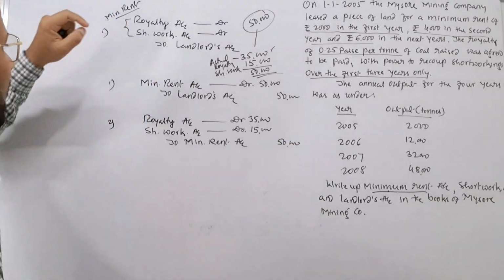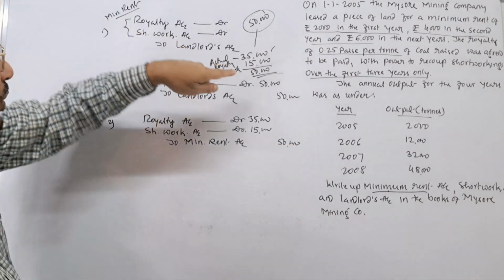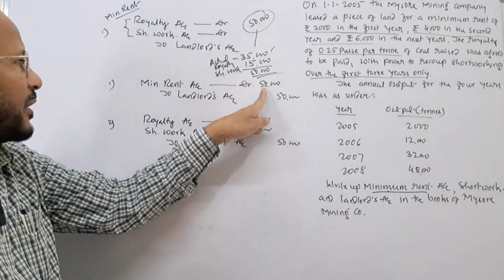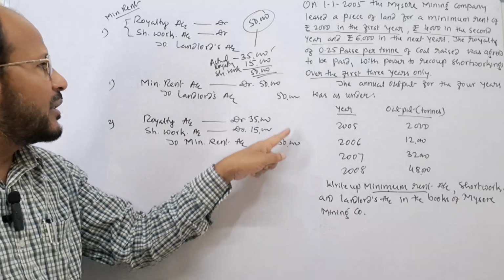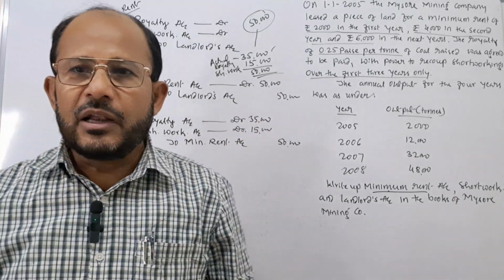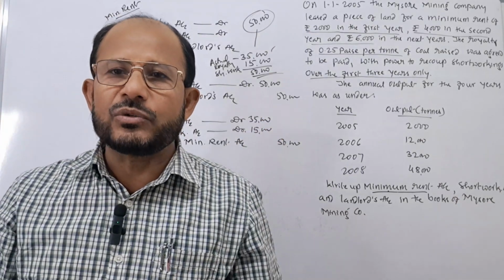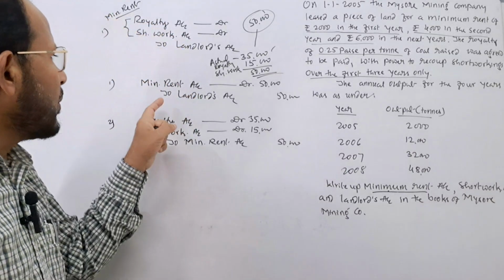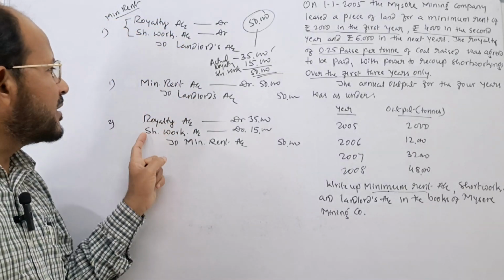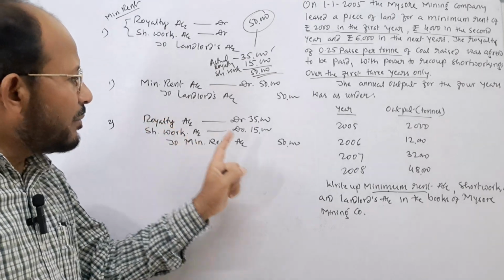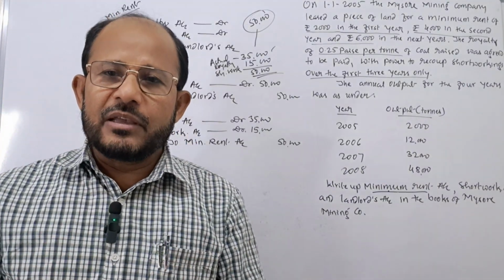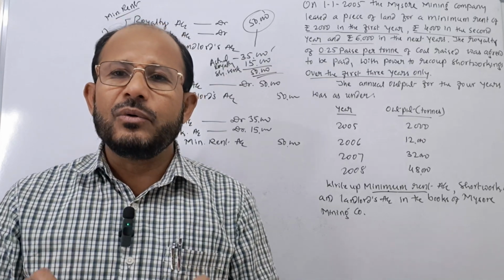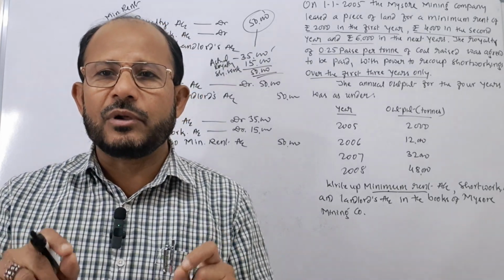Just see, in the first entry the minimum rent account is debited with 50,000, and in the second entry it is credited with 50,000. Now the minimum rent account gets closed. This way we have to pass the entries whenever a minimum rent account is asked to be prepared. But remember one thing, the minimum rent account is opened only when there is a short working.